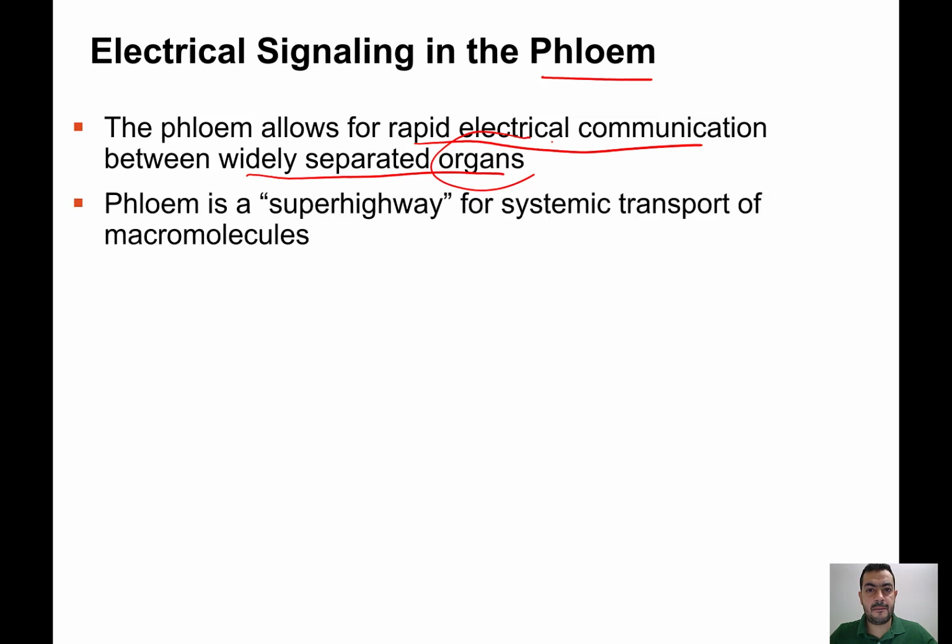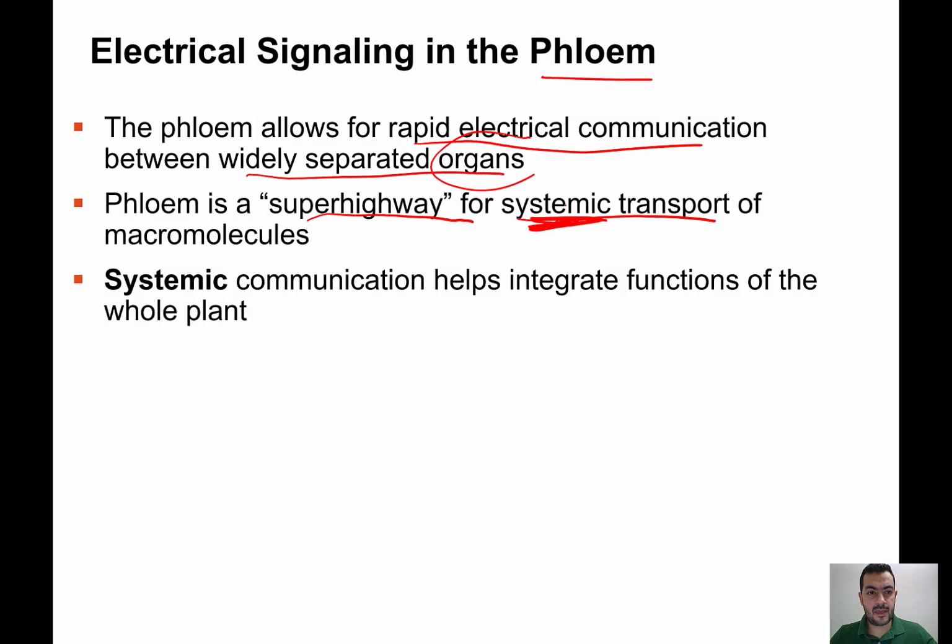And by this, we can consider the phloem as a superhighway for systemic transport of macromolecules. And by saying systemic transport, we mean the whole plant body, the whole structure of the plant. So by doing that, we are integrating the functions of the whole plant.